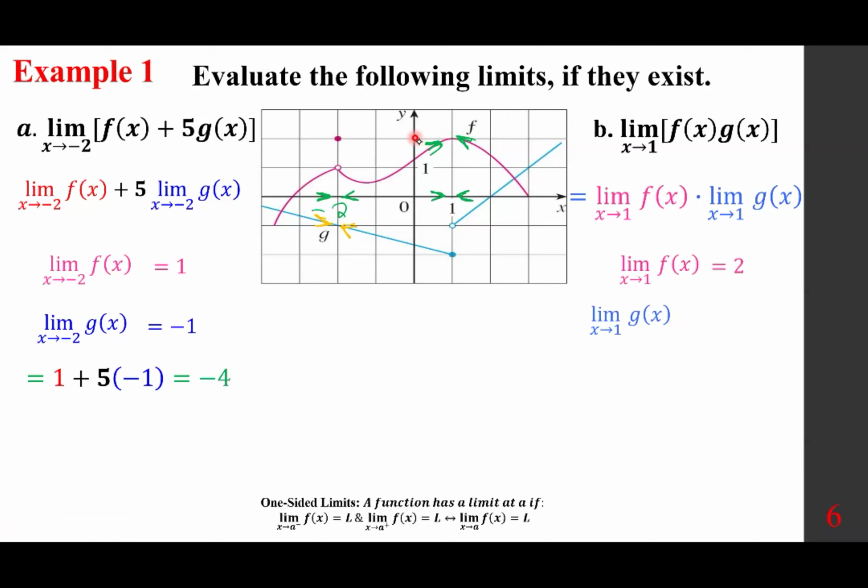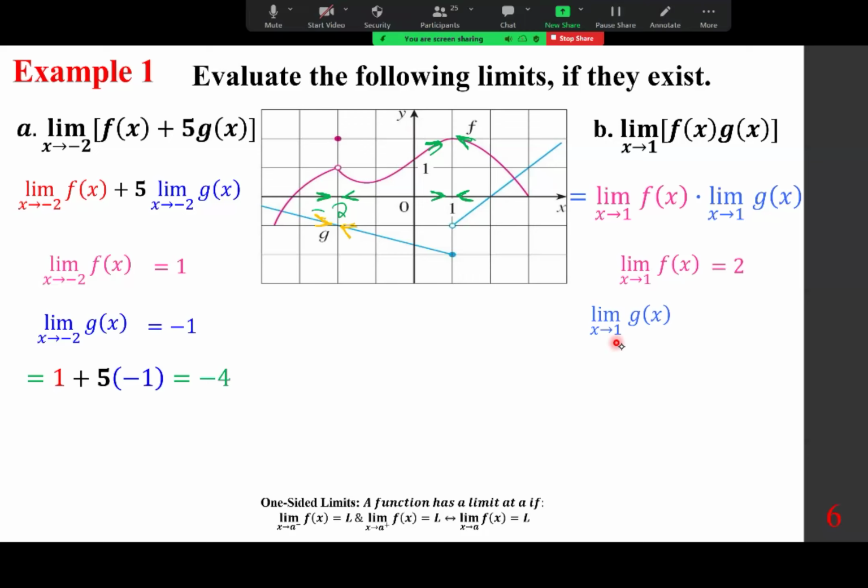What about g of x, the blue function? The limit of g of x as x approaches 1 does not exist. Why is that? Because the one-sided limits are different. So 1 from the left puts us in this branch, and the y coordinate of this point, because we are moving towards this point, is -2.